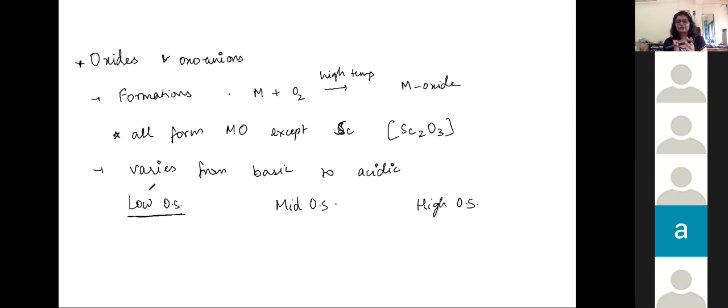Okay, the way you can figure this out is apply the rules you've learned for S and P block.